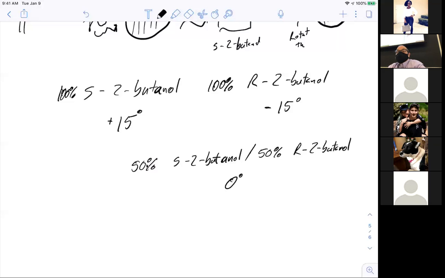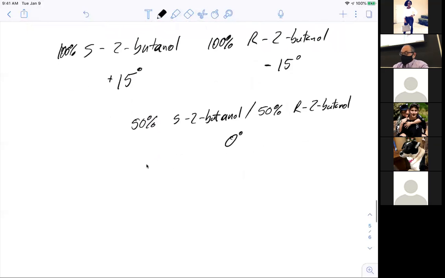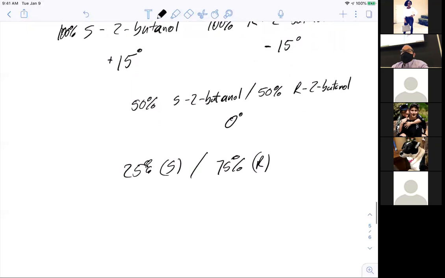Because 25 and 75, what would be the difference? Well, it'd be 50%, right? So therefore, whatever the value was, so let's say it was 15, I would get 7.5. And it would be negative, right? Because my R is negative.